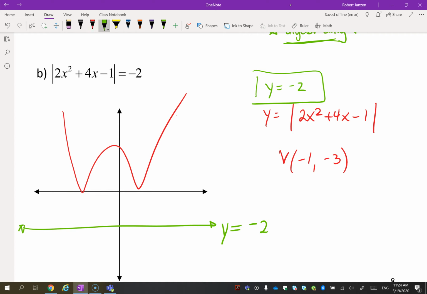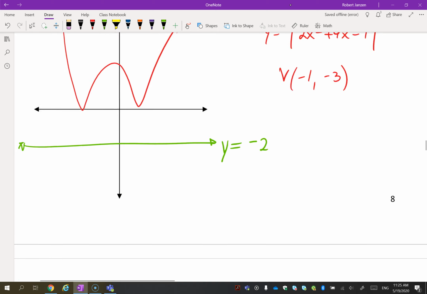You should know that there's no way that something in here, when I take the absolute value of it, will ever equal -2. You should be able to see that and recognize it. Okay? This one will have no solution. We can say that this way: that's the null set, the empty set. Or if you prefer, you can just say no solution.